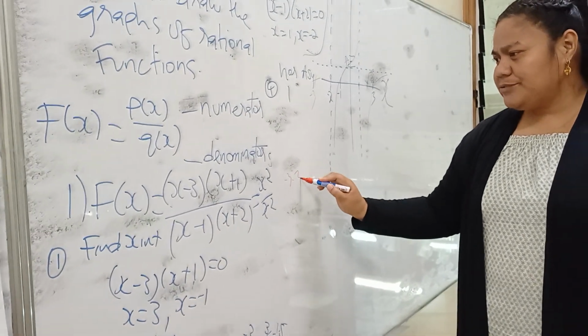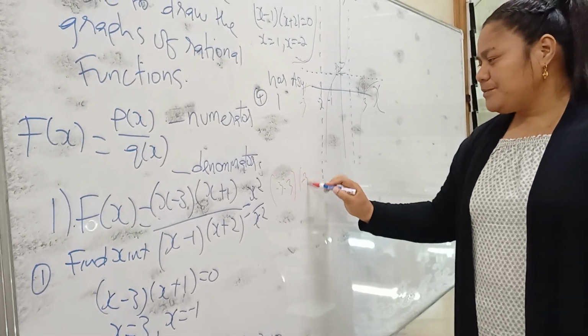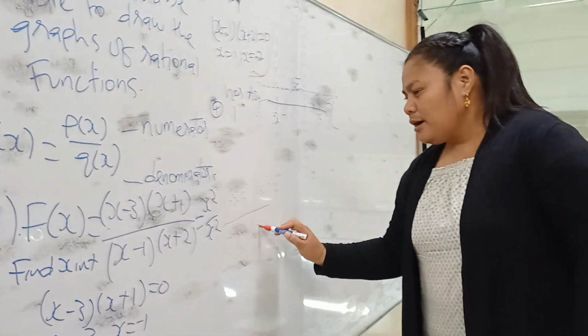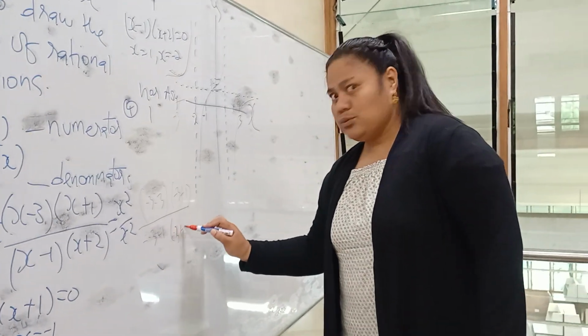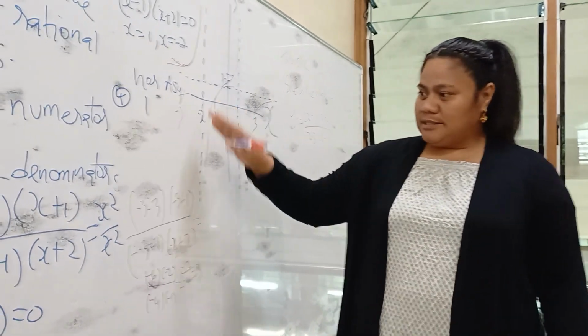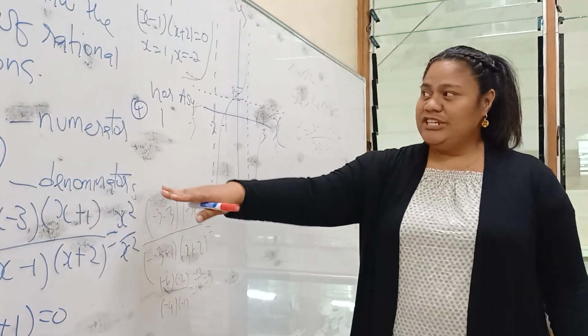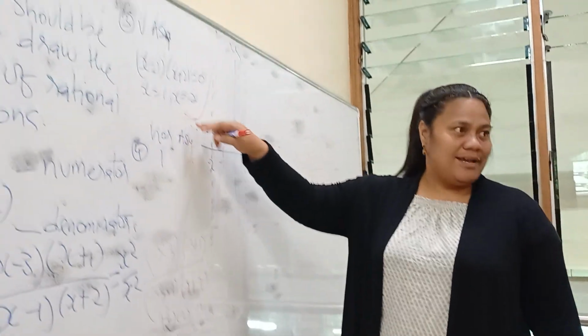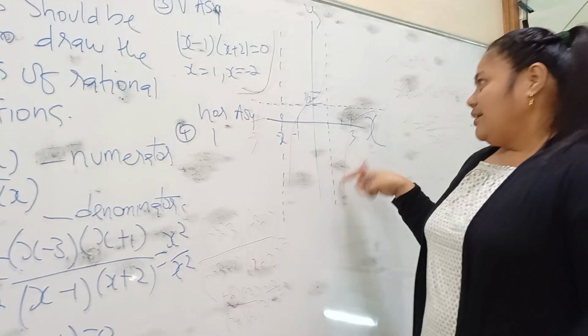Negative 3 minus 3, negative 3 plus 1, over negative 3 minus 1, negative 3 plus 2. When we substitute negative 3 in the equation, then our answer is positive 3, okay? Somewhere here. That's why our graph looks like this.